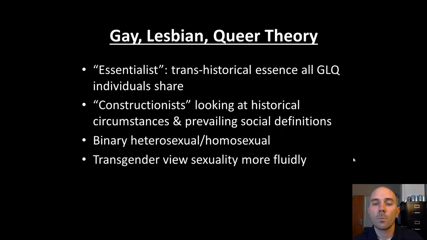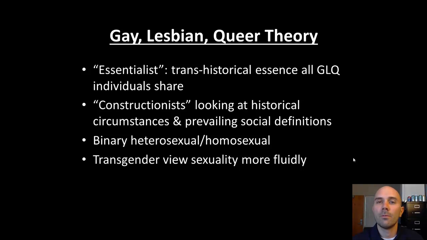Now, from an essentialist point of view, they would look at the transhistorical essence of all queer individuals, looking at what would unite everyone throughout history, whereas a more constructivist approach would look at the historical circumstances as well as the prevailing social definitions and norms at specific moments in time.